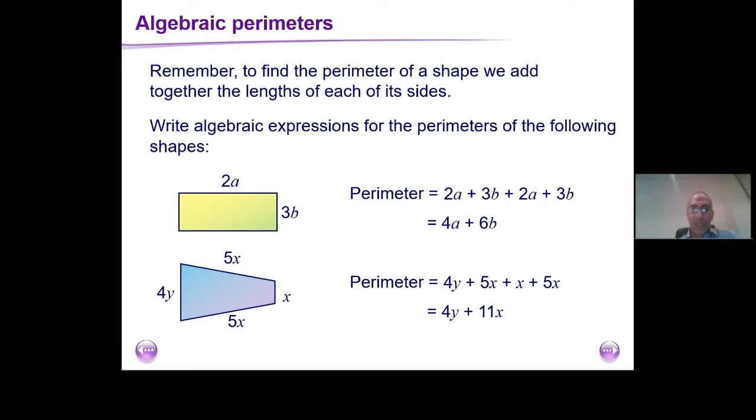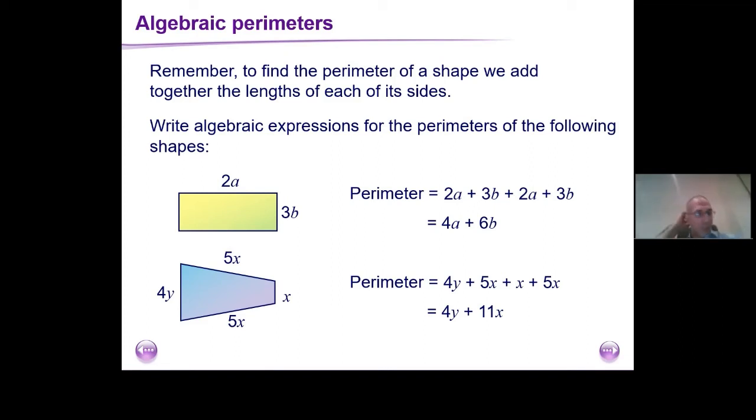So it will be 2a plus 2a and 3b plus 3b, as the sides are identical. So 2a plus 2a is 4a, and 3b plus 3b is 6b. So that's finding an expression for the perimeter of that rectangle.